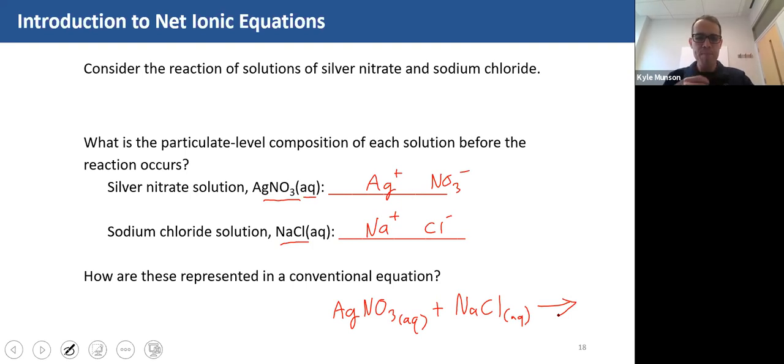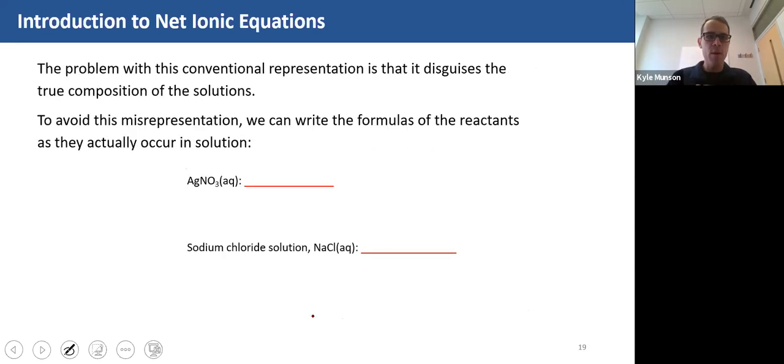So that's how we've been writing it so far, okay, but it's not capturing the particulate level composition. And we're going to see why that's going to be a problem in a second. I guess in the next slide, we're going to see where it's going to be a problem.